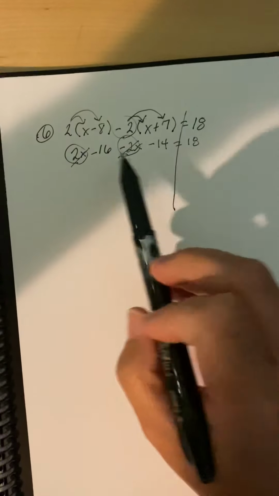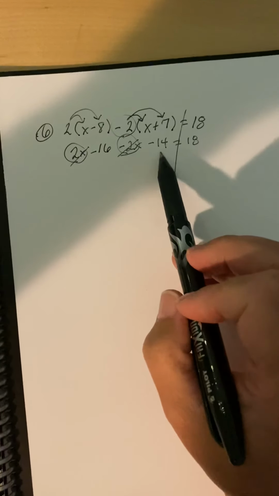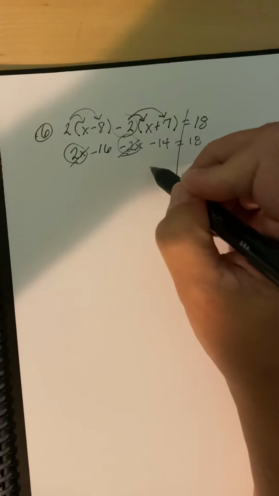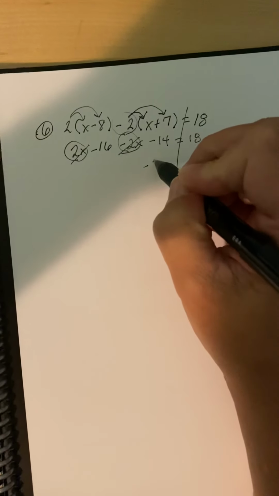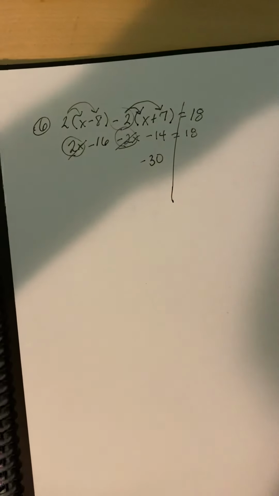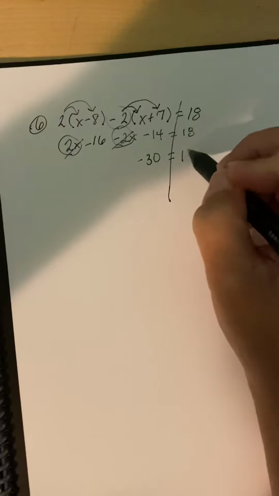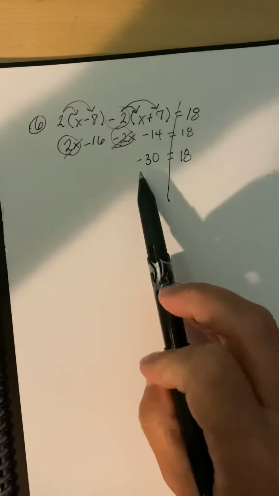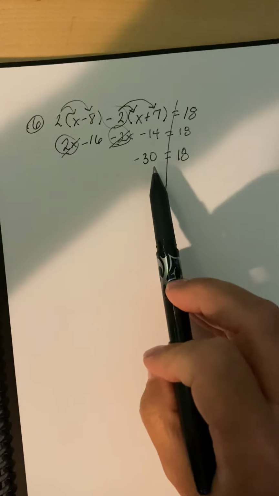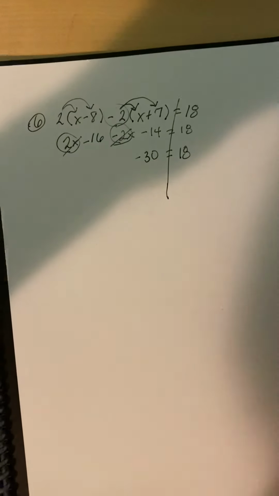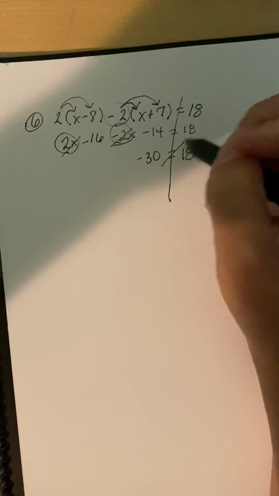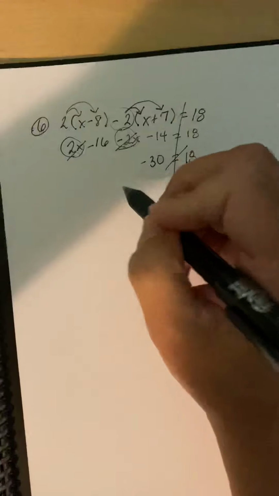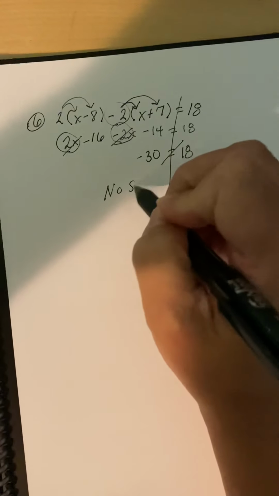Negative 16 minus 14 is actually going to be negative 30 equals 18. And you need to ask yourself, does negative 30 equal 18? The answer obviously is no, so that does not work. So this is called a no solution.